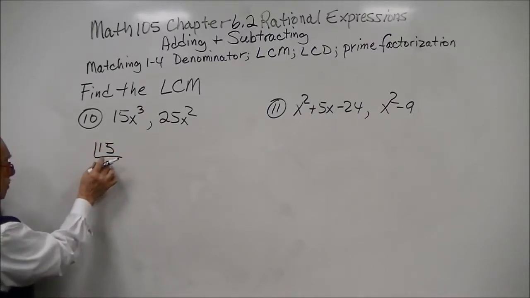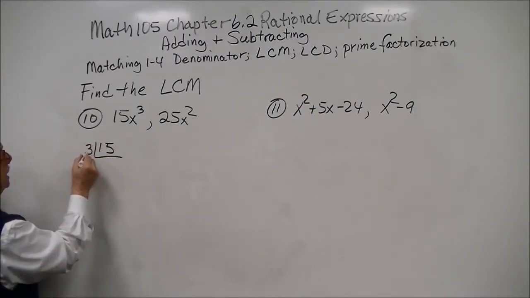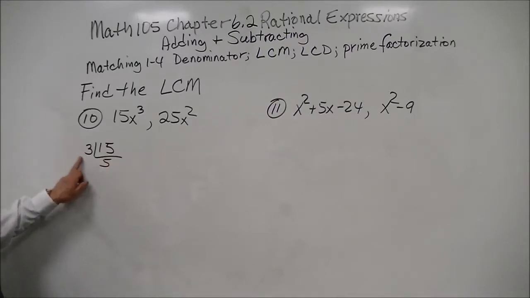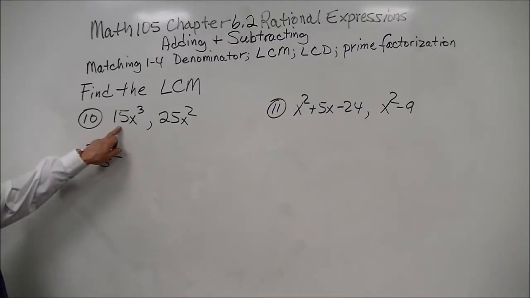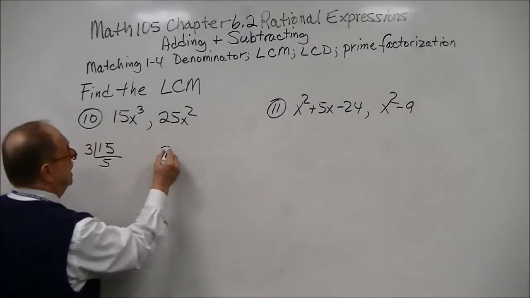I'll say, what prime number goes into there very well? Well, a 3 and a 5. So there's my prime factorization of 15. Then I do 25.